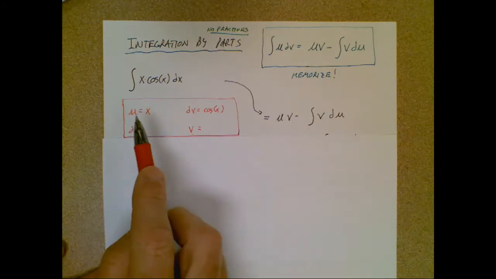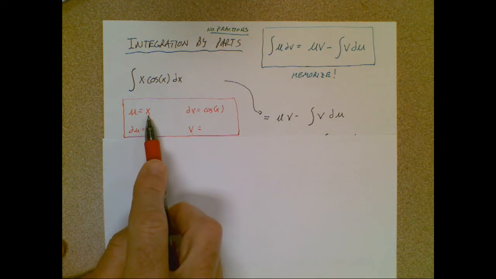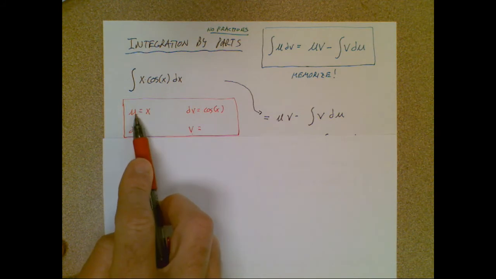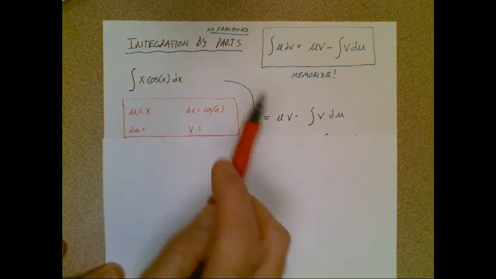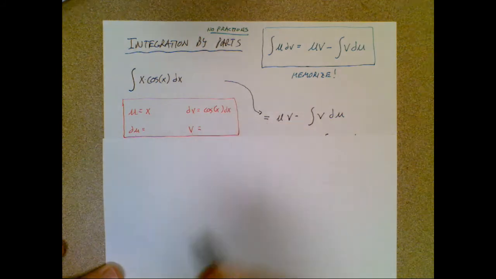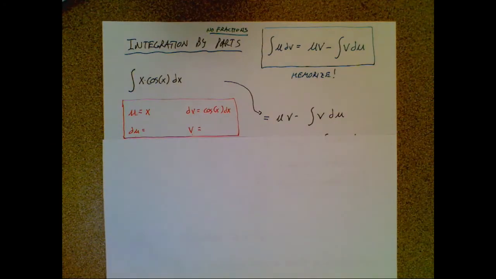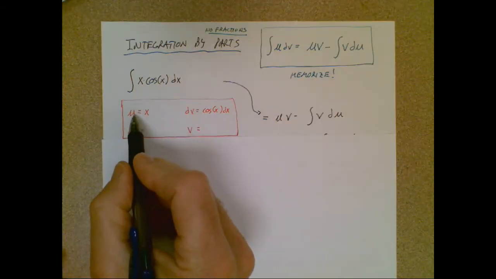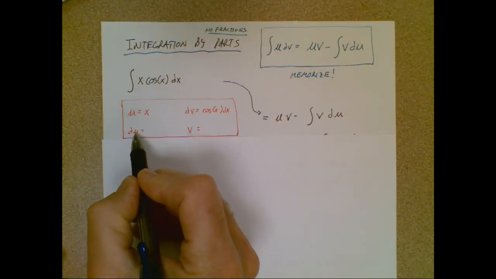Now I selected x, and I'm going to explain more about why later. And then that leaves, if I select x for this, that leaves actually cosine of x dx for the dv. At that point I would say, all right, if I selected x for my u, what is the du?